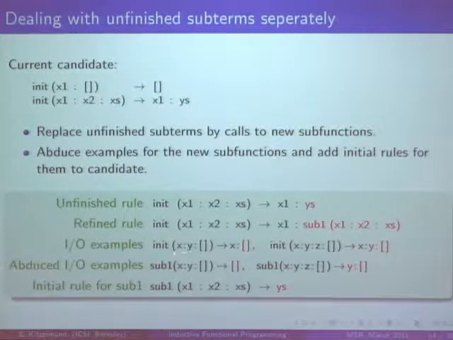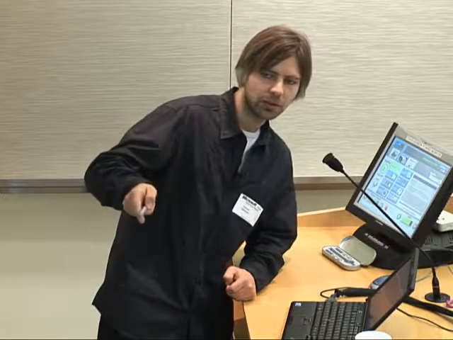So here are the init examples and the examples for the subfunction have the same inputs, and the outputs are derived by just taking the subsets of the init examples. Okay, and then if we induce a function for sub1 that correctly computes these examples, then also this rule is correct for the init examples.